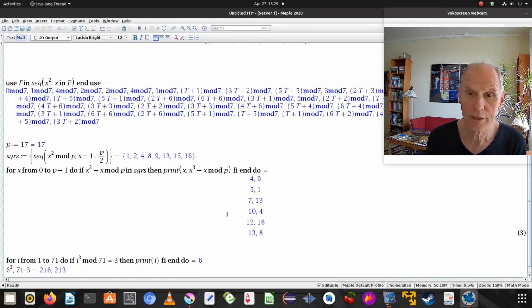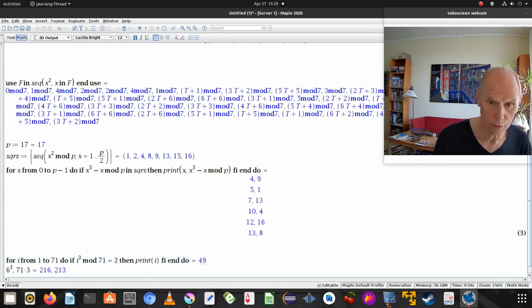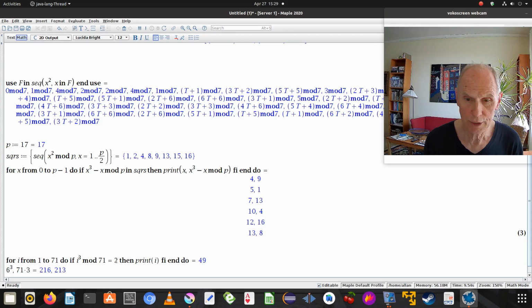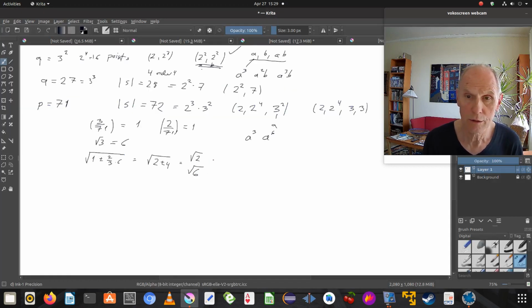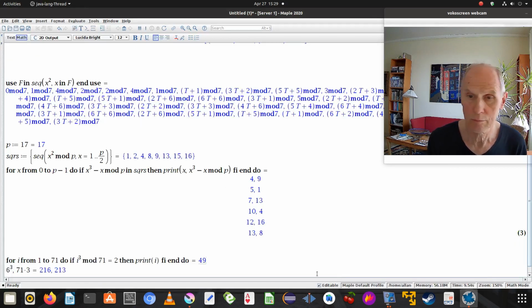2 and 6. 2 is 49. And 6 is 10. I just wondered if I could do it by putting 6 to a rather high power.